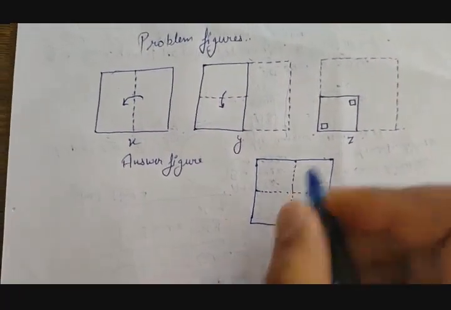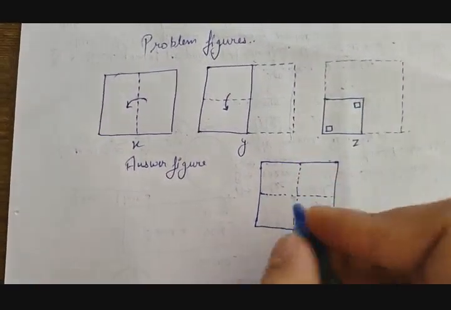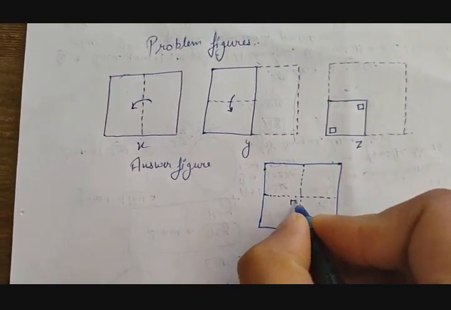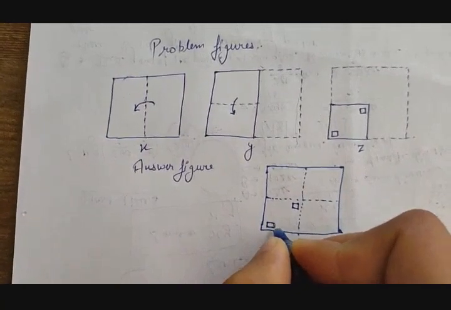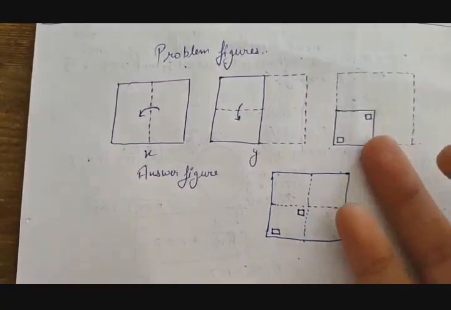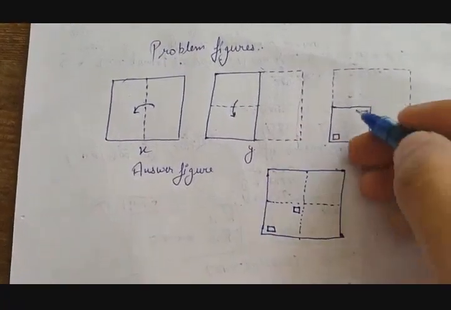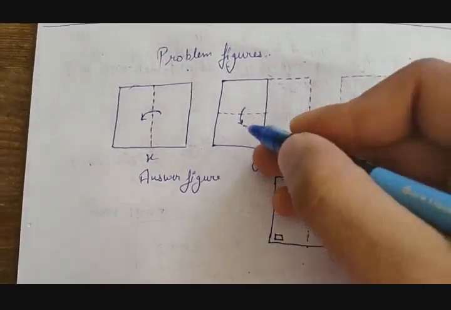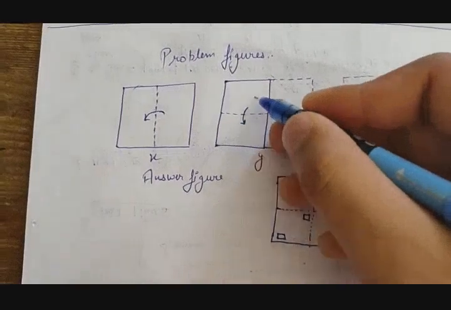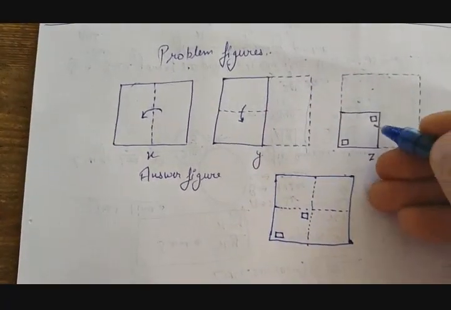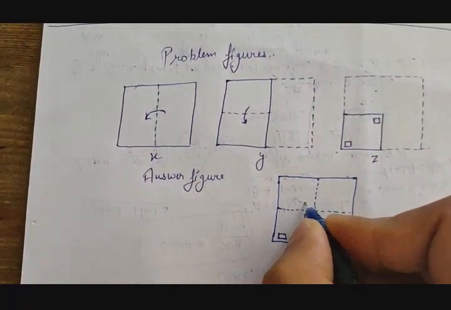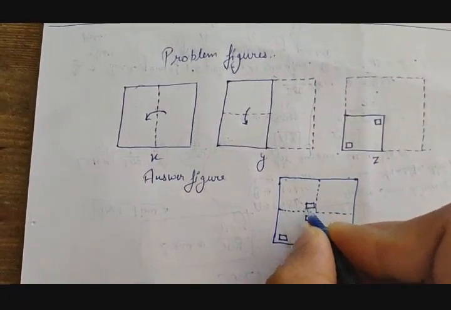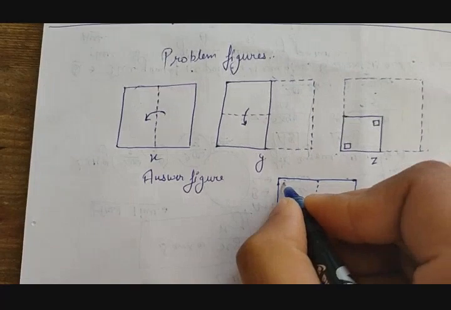At last the resultant figure will be this one, and the punched holes on this side and this side will make punch holes on this side and this side. So in reverse order from Z to Y, when you open this figure from this side to this side, this arrow to this arrow, you will see this punch hole will go here, and this punch hole will go here.